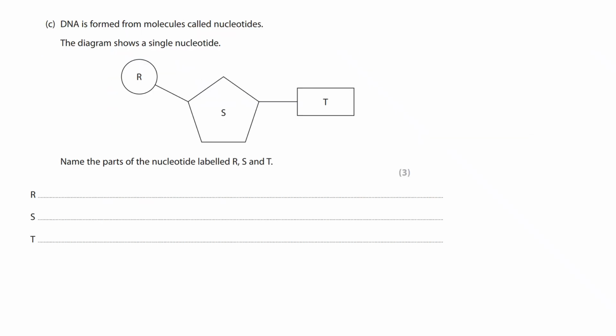Now we've got the nucleotides. So we've got a diagram showing a single nucleotide, R, S, and then T. So write down in your comments below, name the parts of the nucleotide labelled R, S, T in 3, in 2, in 1. So R is of course the phosphate group.